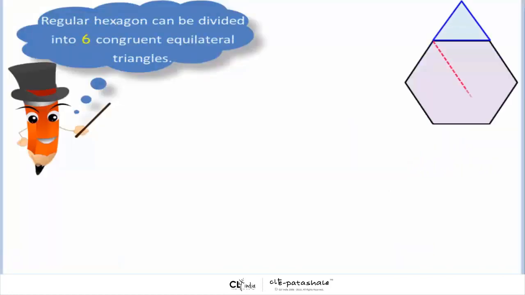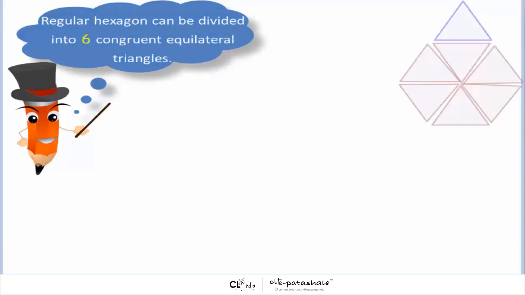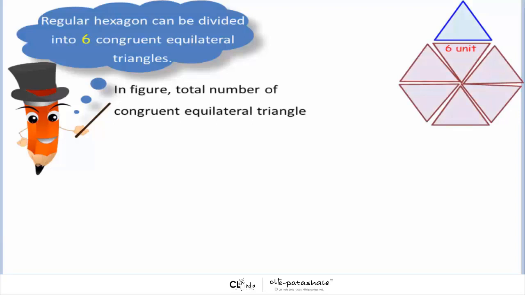Regular hexagon can be divided into 6 congruent equilateral triangles. In the figure, total number of congruent equilateral triangles is equal to 7, as another equilateral triangle of the same dimension is placed on top of the regular hexagon.